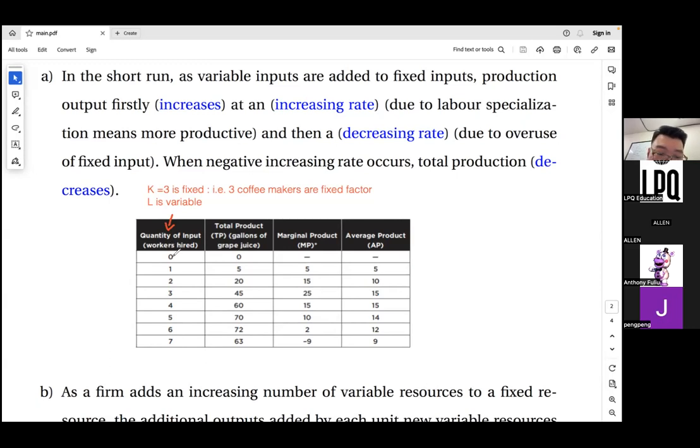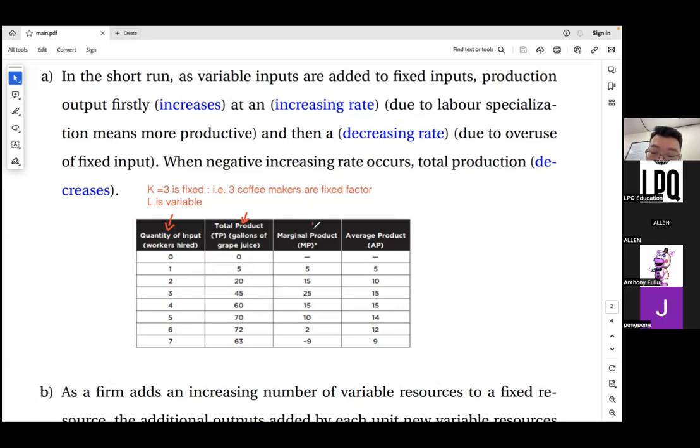You can hire nobody, just 1 worker, 2 workers, 3, 4, 5, 6, and so on. The second column is called TP. TP means the total product, the total production: how many units of coffee, how many units of products you can produce in total.